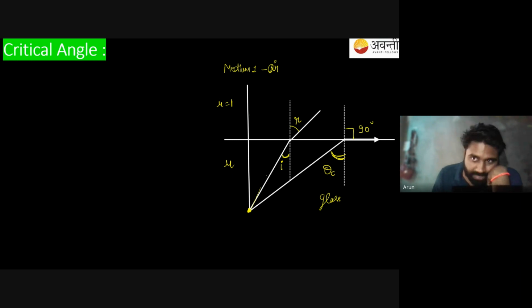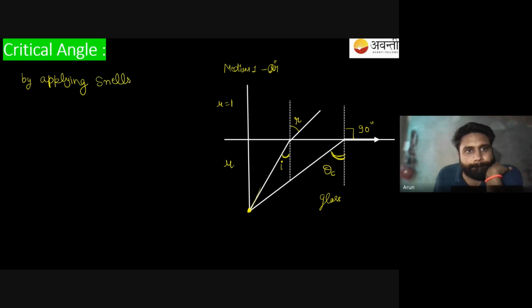Okay, if I apply Snell's law here, because we can apply Snell's law on the boundary conditions also. So by applying Snell's law for theta c: mu multiplied by sine of theta c equals, what is the value of mu in air?